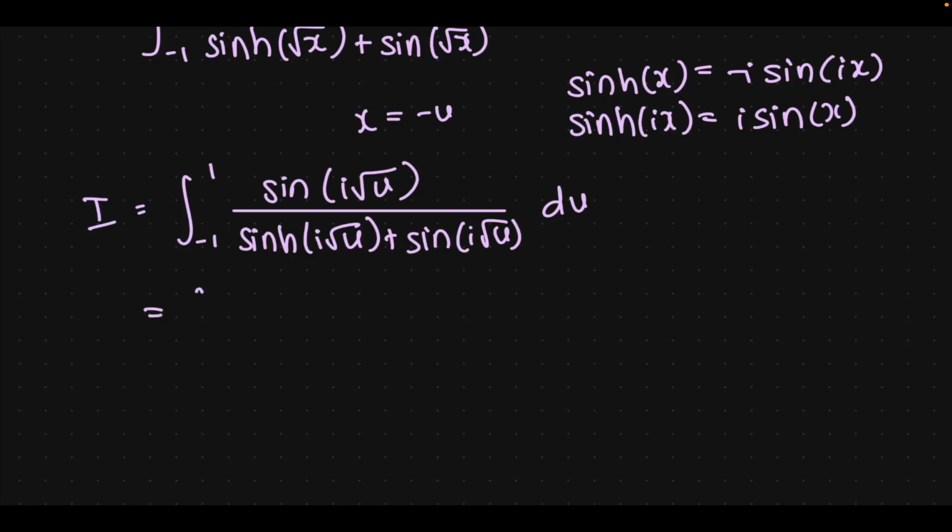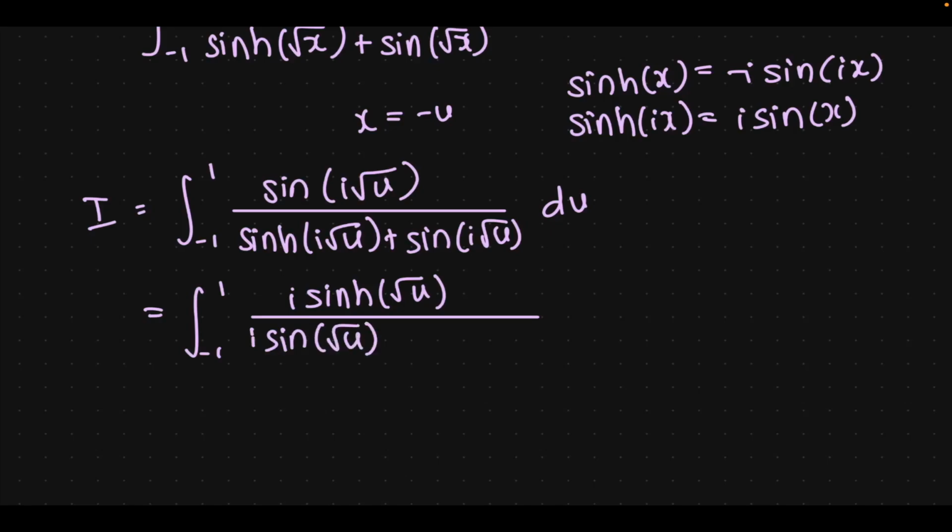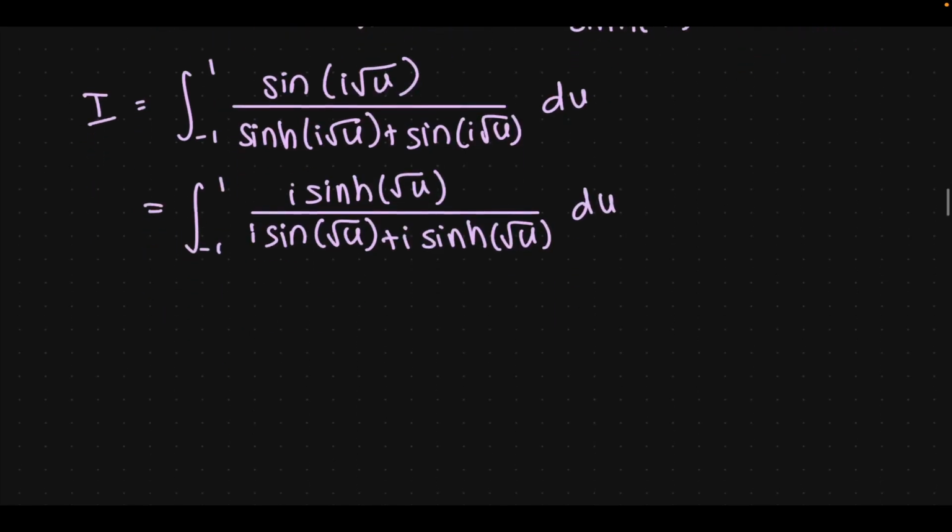Now we can use the relation between the sinh and the sine. We get i sinh square root u divided by i sine square root u plus i sinh square root u du. We can cancel the i factor from everywhere.